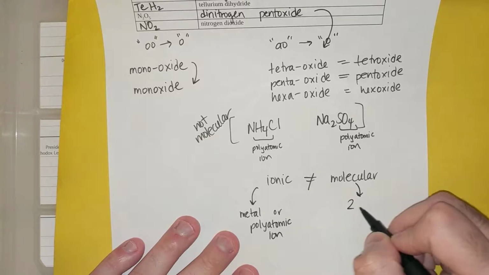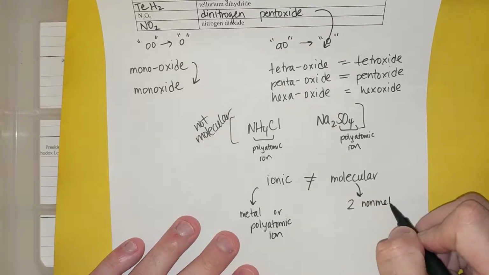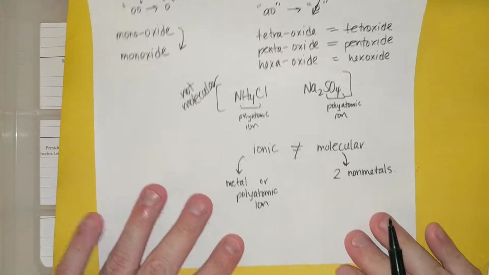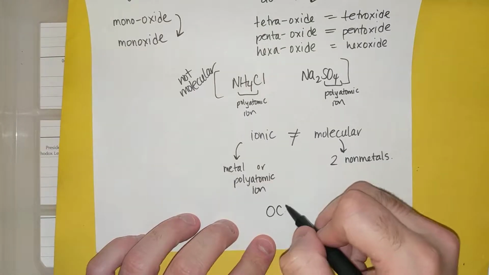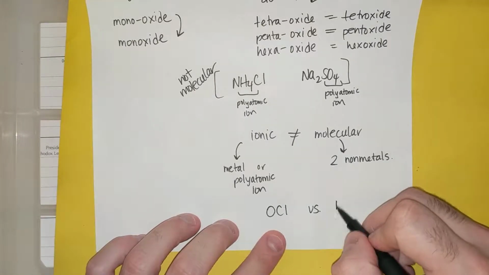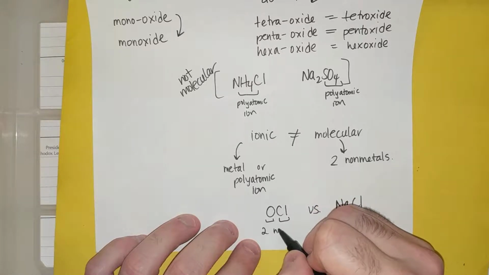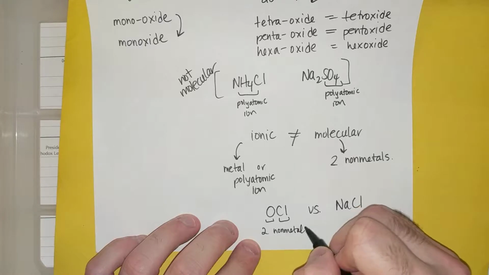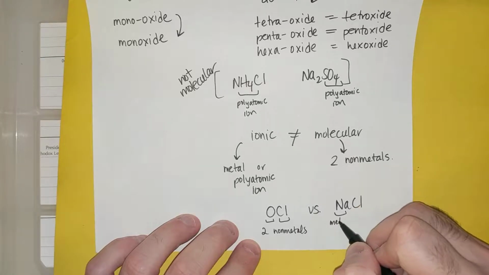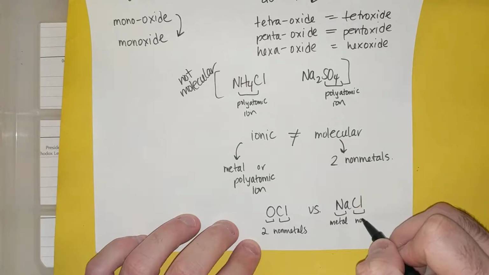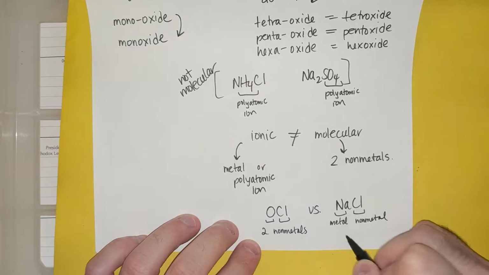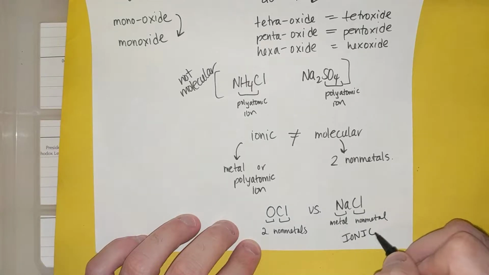Molecular is just two nonmetals. Okay, so if I had to recognize something like OCl versus NaCl, these are two nonmetals. This is a metal and a nonmetal. So this is automatically ionic.